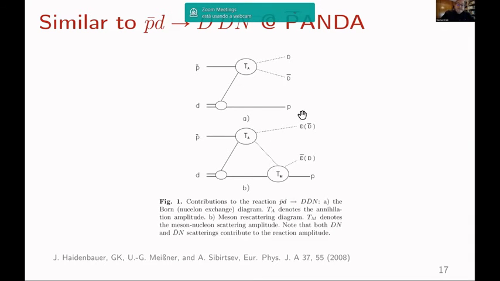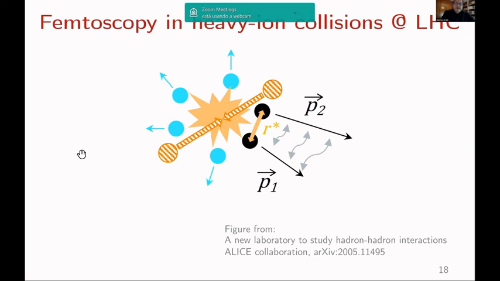We made the prediction for PANDA, but nothing for eventually AMBER 2. And another possibility to have access to that matrix element doesn't suffer from this problem of not accessing forward directions, and there's no problem with threshold behavior here.